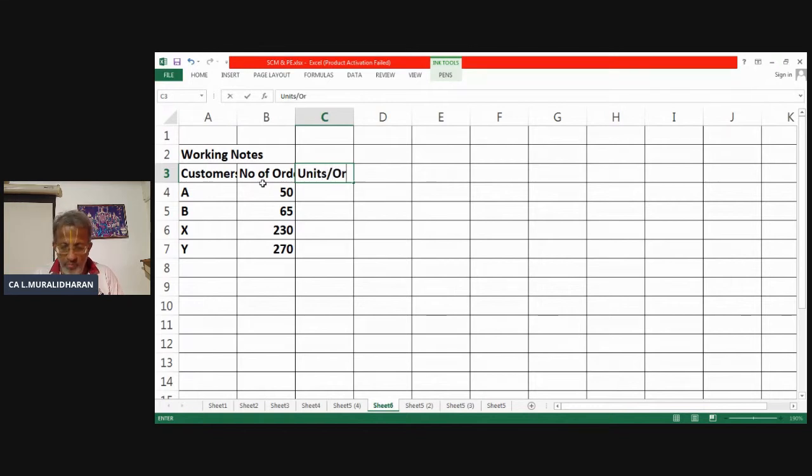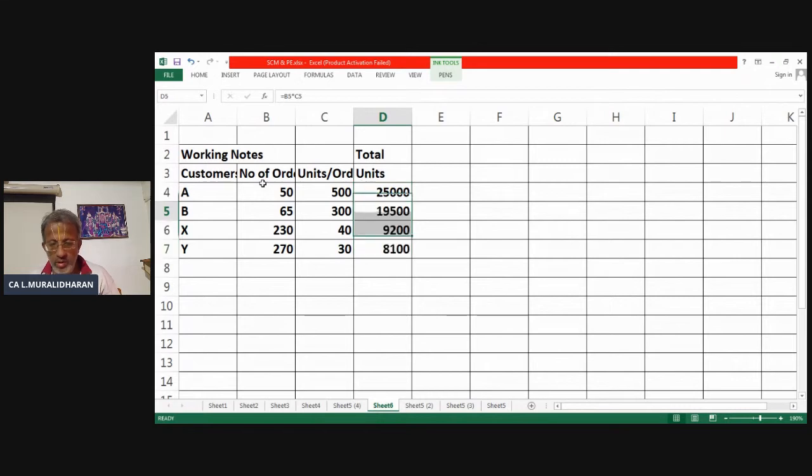Units per order: 500, 300, 40, and 30. Total quantity, total number of units.